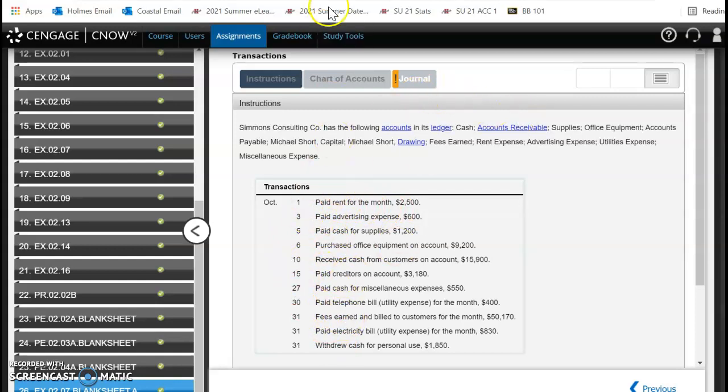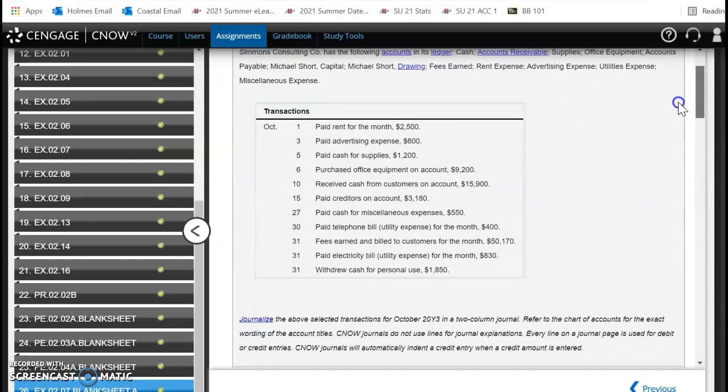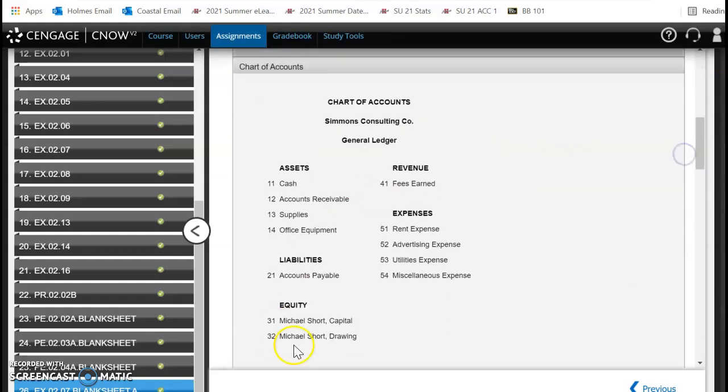If you need help with what's happening to the accounts as far as increase or decrease, remember your saying that I went over in the video, but also make sure that when you're doing your entries, let me see if I can get it to, right now it's not wanting to pull up, okay, there it is. Make sure that you use the accounts that are listed. If you word those wrong, it'll probably count it off.